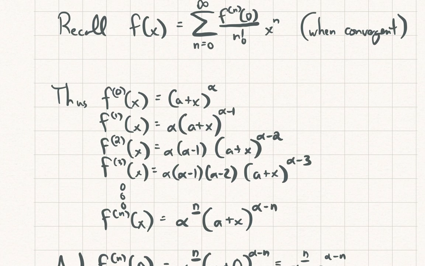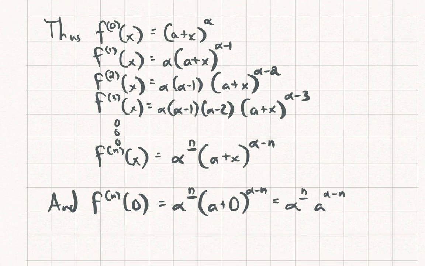And the nth derivative will have the nth falling factorial of alpha times a plus x to the alpha minus n.